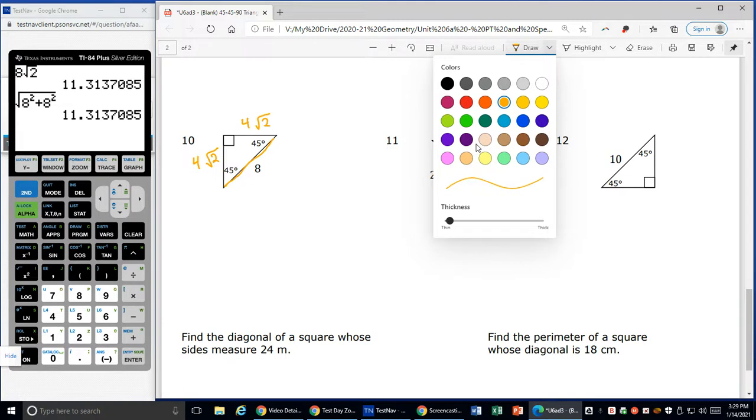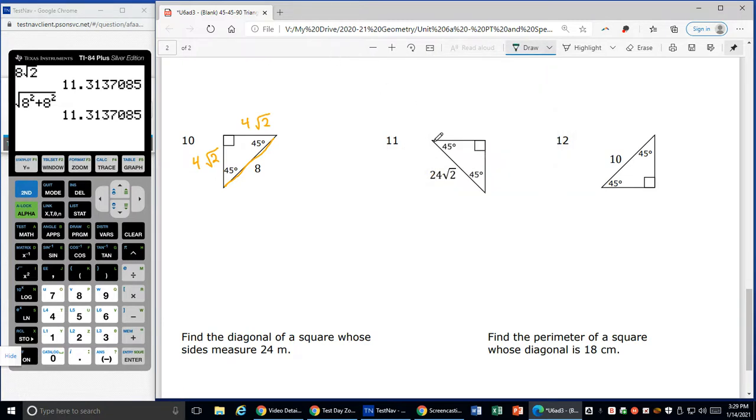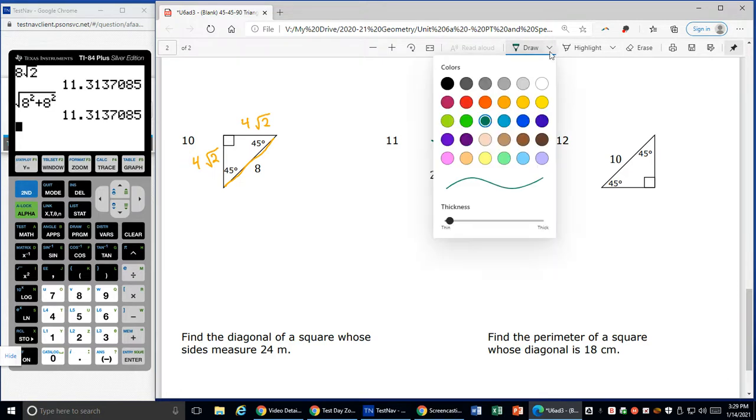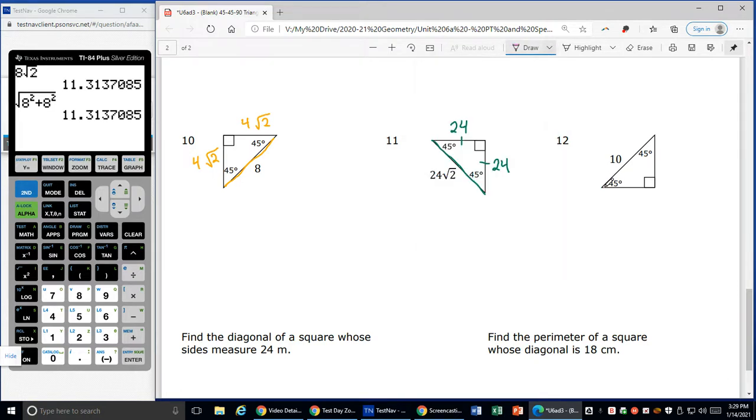On the next one, I do have a square root of 2 on my hypotenuse, so all I have to do is take it off to work backwards and get 24 and 24. And then on this one, my hypotenuse does not have a square root of 2 on it, so that means both of the legs do have a square root of 2. 10 divided by 2 is 5.